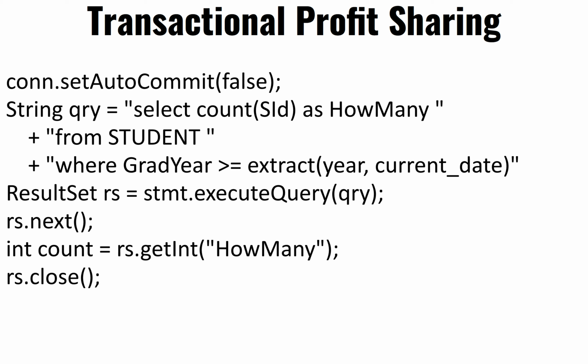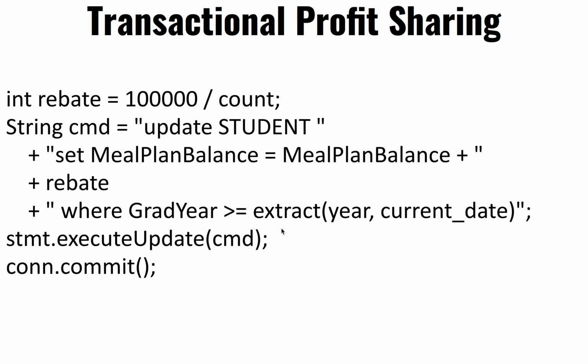So they came up with, I don't know, like $100,000 at the end of the year. They want to share it with how many students are in the student body, and there might be 1,000 students. So they come up with how many we're going to divide it amongst all of us. So everybody gets $100, and so 100,000 divided by a count of students, and then we want to update the meal plan for all the students.